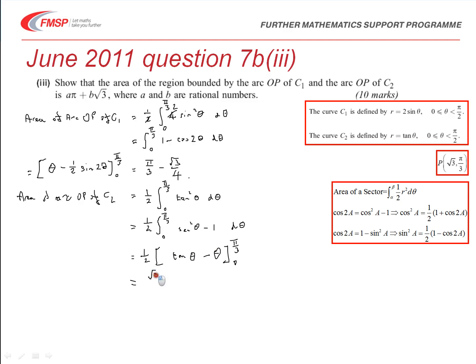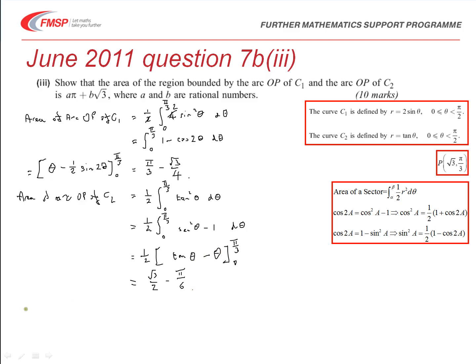So this becomes root 3 over 2. And then I put pi by 3 in for theta, and I halve it. That gives me pi by 6. And again, if I put 0 in both places, tan of 0 and minus 0 is just going to be 0. So there is my area for the second loop between 0 and pi by 3.